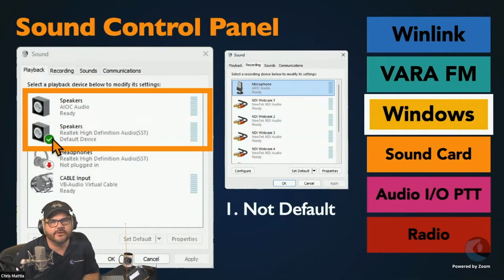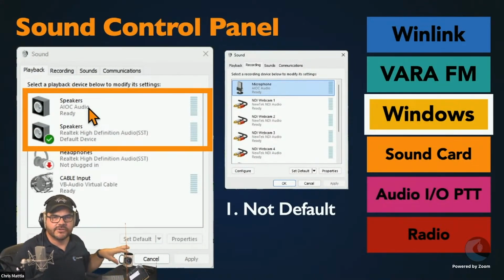You'll see this little circle here with the green check. And what that is telling you is that Windows is using this device as the default audio device and the default communications device. You cannot have that set for the device that you're connecting to your radio.